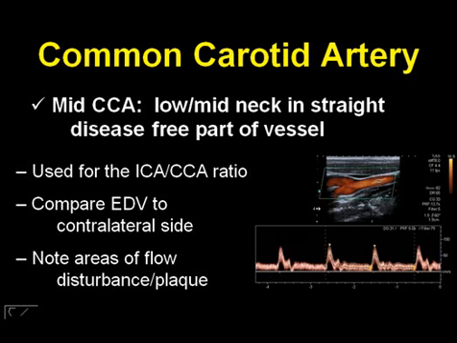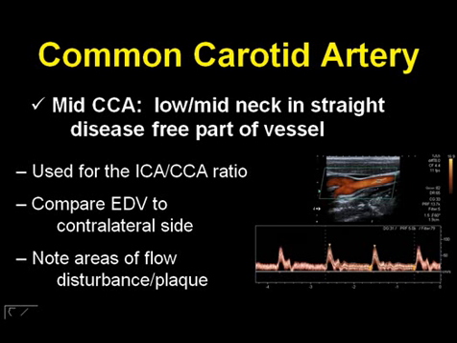And this is an important part of the evaluation, especially if you're using an internal carotid to common carotid artery ratio. The literature states that velocity should be acquired somewhere 2 to 3 centimeters proximal to the carotid bifurcation, again in an area where the vessel is straight and where it's disease-free.